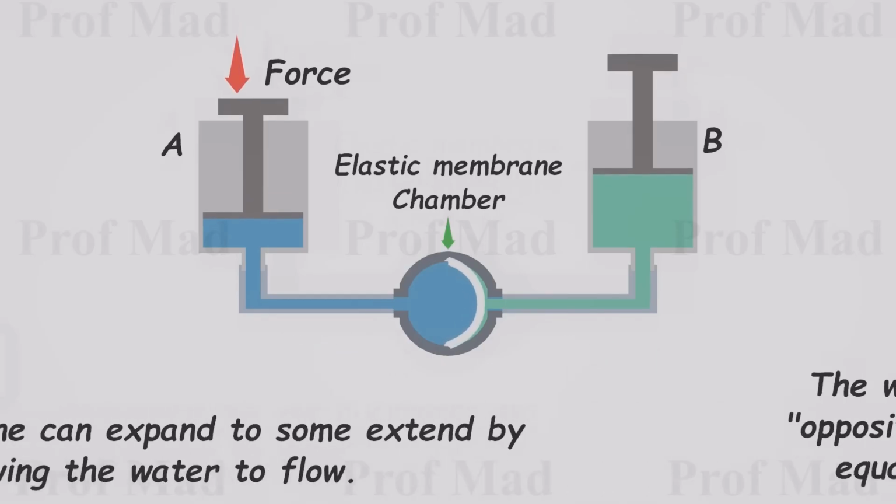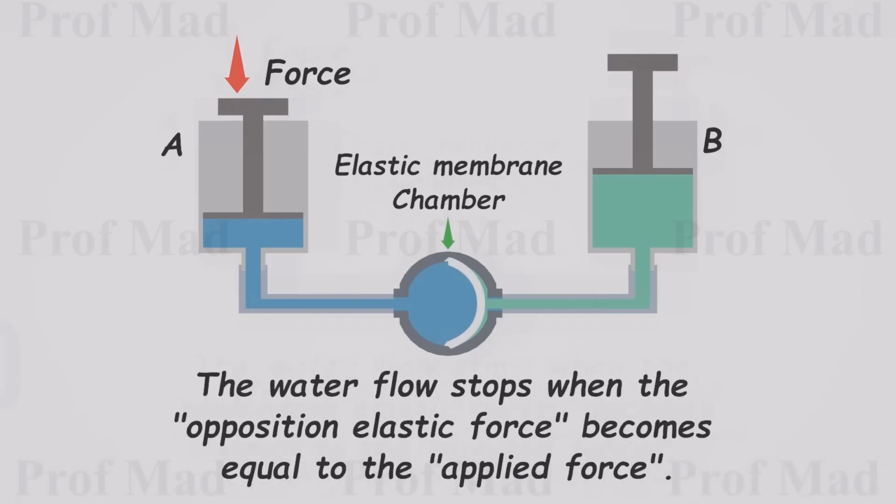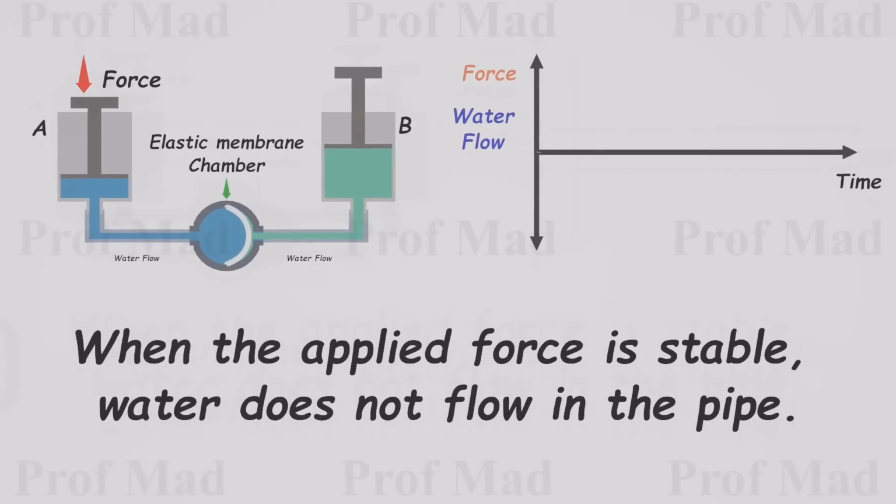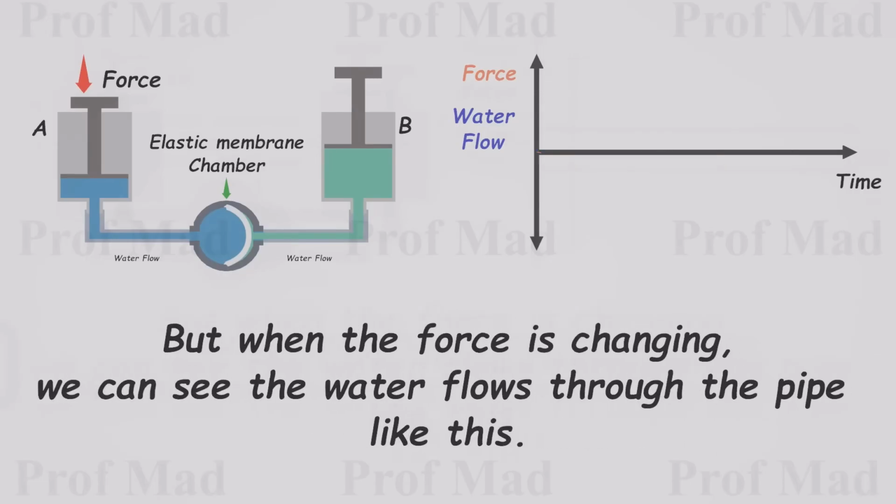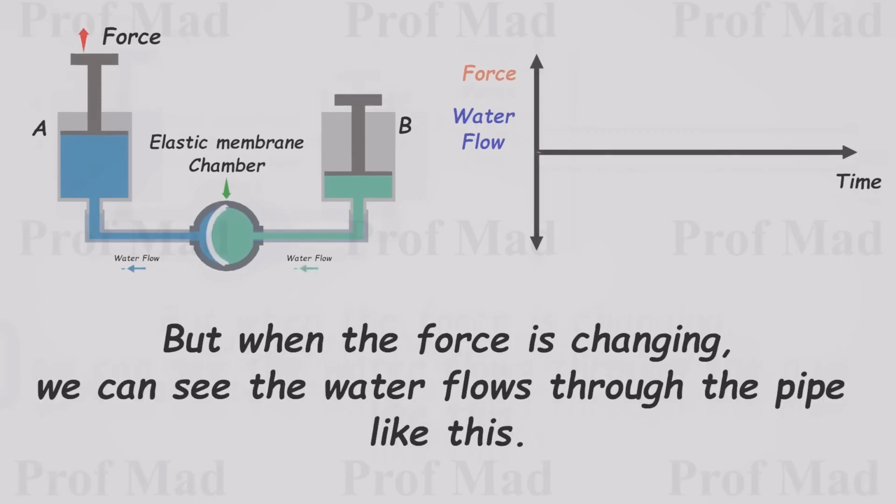However, the water flow stops when the opposing elastic force equals the applied force. We can graph the applied force and water flow like this. When the applied force is constant, no water flows through the pipe. But when the force changes, we observe water flowing through the pipe like this.